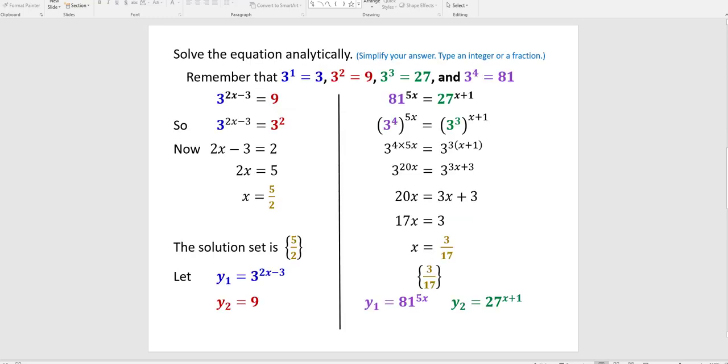To solve these types of equations analytically, you need to remember 2 key facts. First, you must find the common base for the right-hand and left-hand sides of the equation. And then you convert both sides of the equation to a common base.